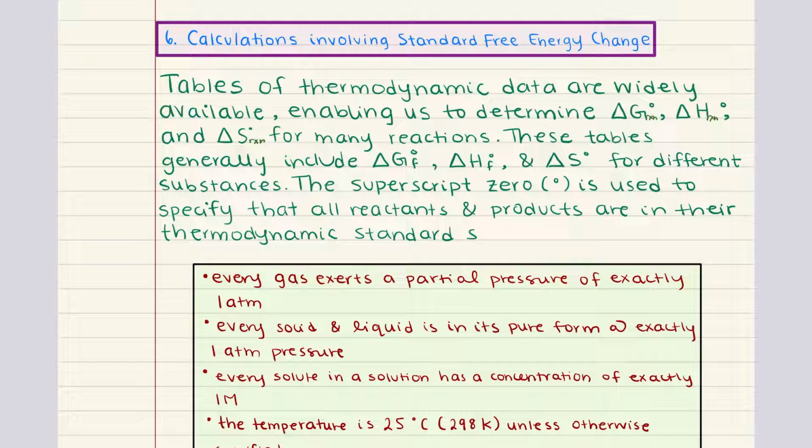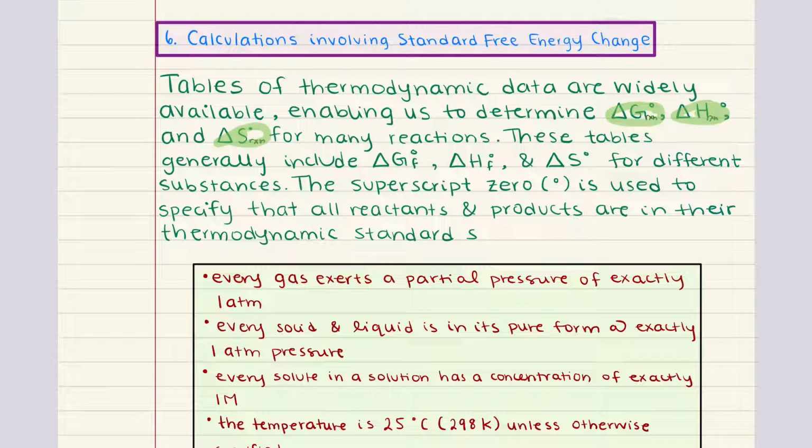Objective 6 deals with calculations involving standard free energy change. There are tables of thermodynamic data that are widely available, and they enable us to determine the standard Gibbs free energy, standard enthalpy, and standard entropy for many reactions.